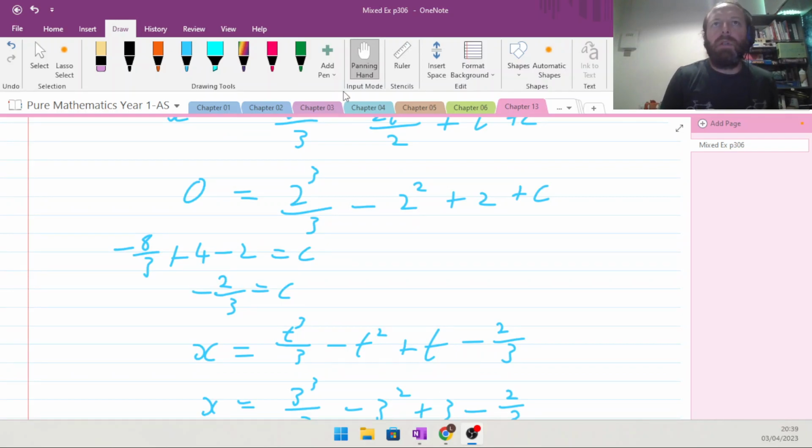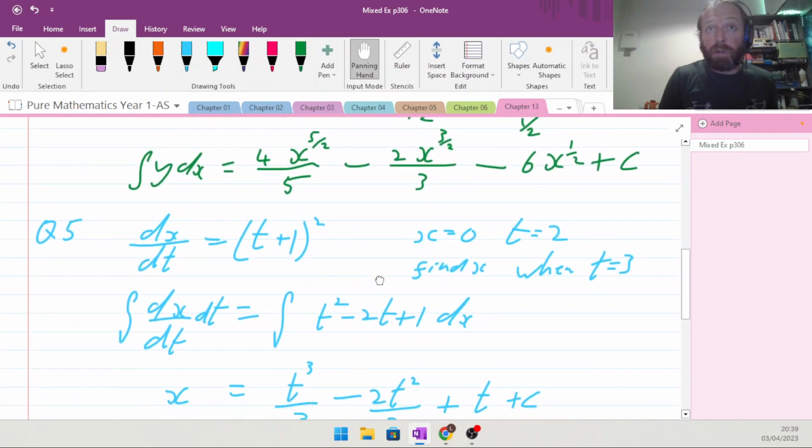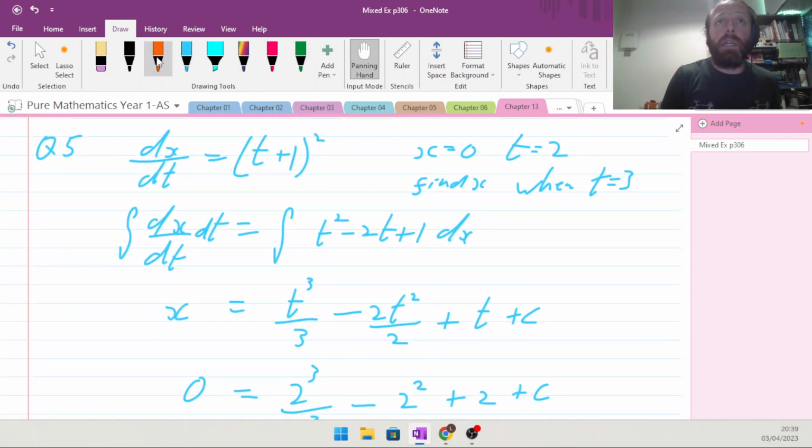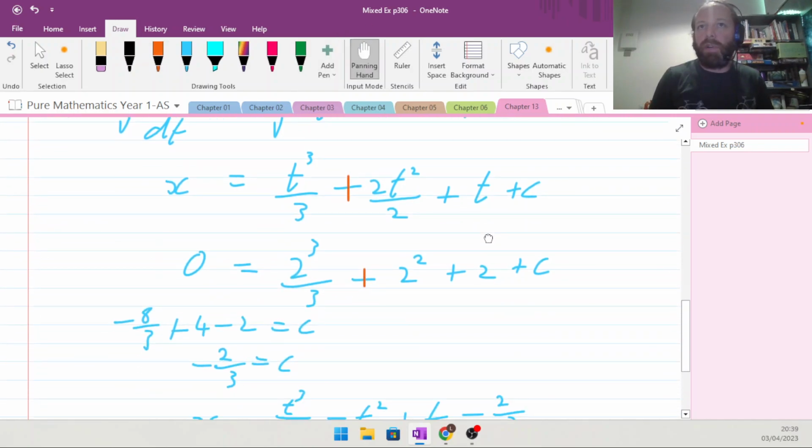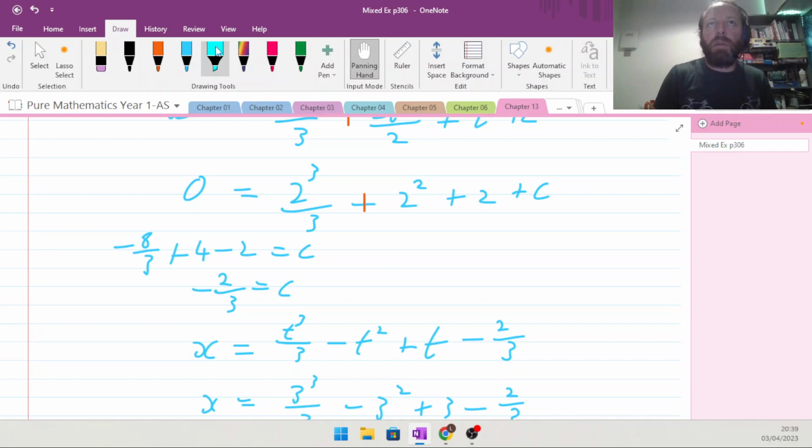It's always disappointing when you check the answers and then you discover that you've made a mistake, and the mistake in this case, t plus 1 squared, is not t squared minus 2t plus 1, it is plus 2t, which is going to change the value of a constant, because as it comes over here it means we get a minus 4 in there.